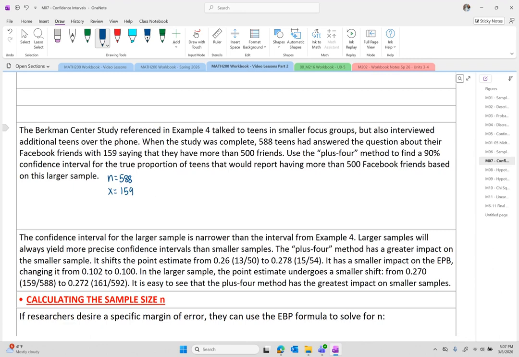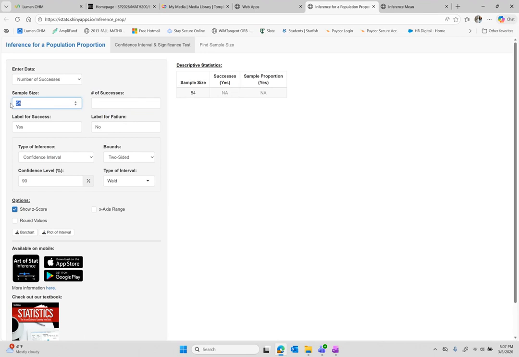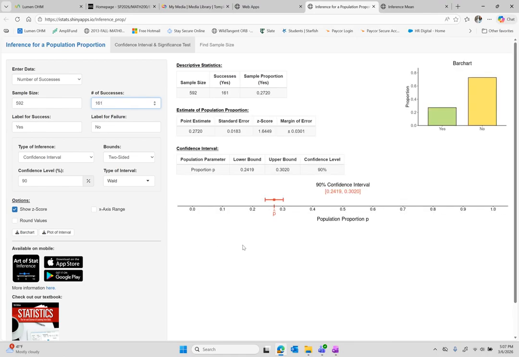If we use the +4 method now to find the 90% confidence interval, our +4 will be 592 and our x plus 2 will be 161. 592 sample size with 161 successes.